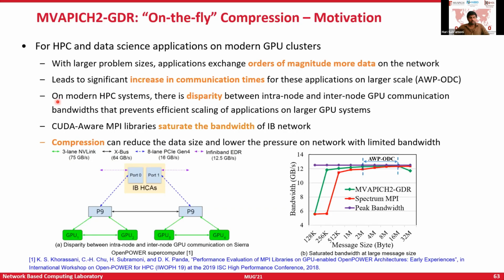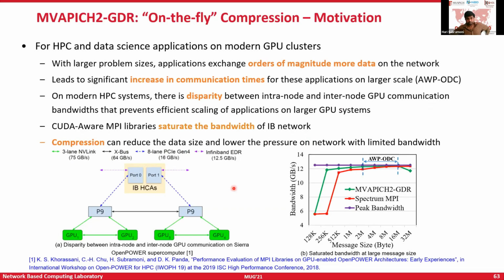If you look at most modern HPC systems, there is a significant disparity between intranode and internode communication. DGX-2-like architectures, like those you have on the Microsoft Azure platform, are exceptions where you have 8 HDR network adapters. But that is not the case for most systems, where your internode bandwidth is significantly limited compared to your intranode performance.